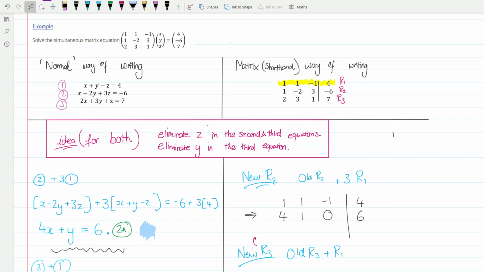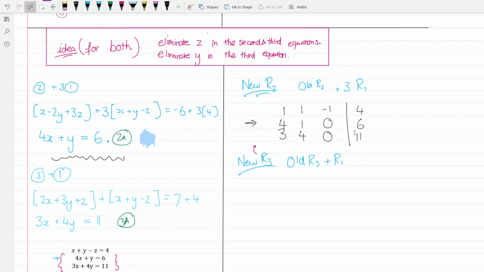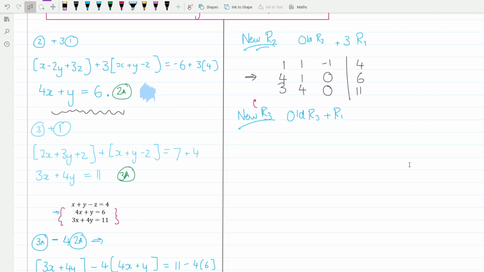So 2 plus 1 is 3. 3 plus 1 is 4. And 1 plus minus 1 is 0. And 7 plus 4 is 11. So a lot simpler, a lot easier to think about what the answer is going to be. Don't have to write it all out. Happy days.